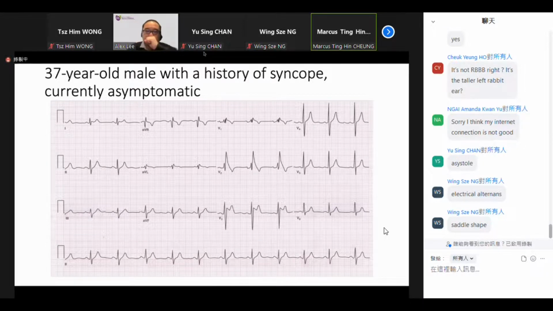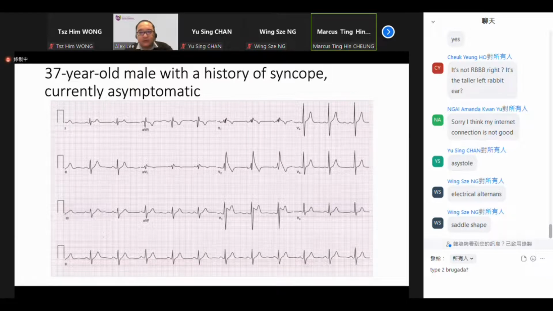Could be pericarditis, but then I would expect it to be more diffuse with PR depression. But in this case I didn't see it in the other leads. Any other features that do not suggest acute pericarditis? There's no PR depression.